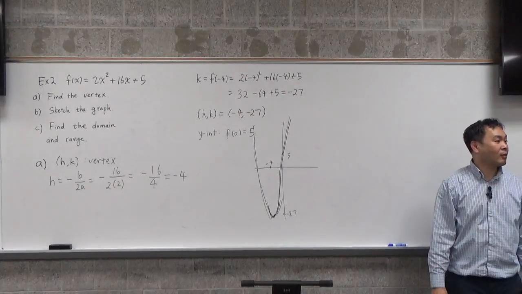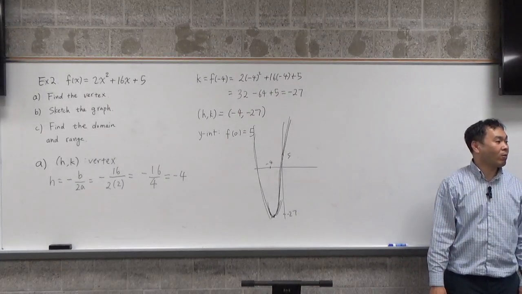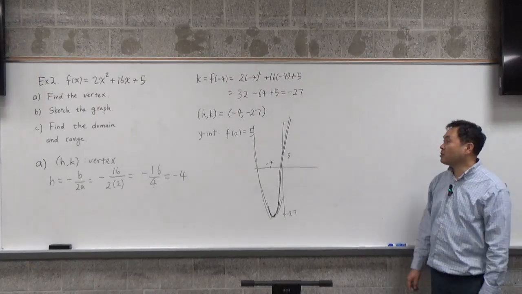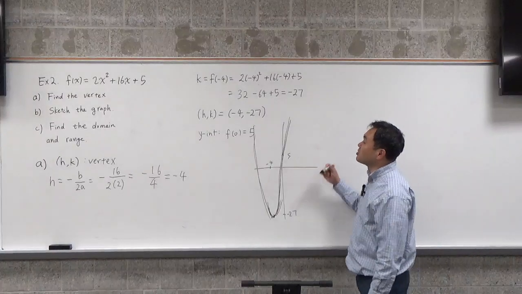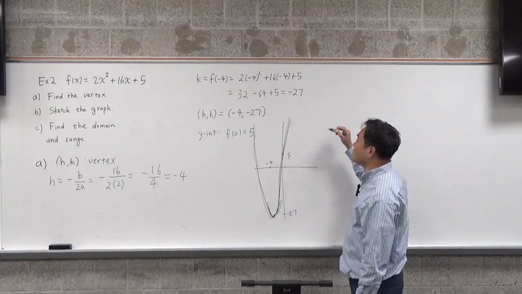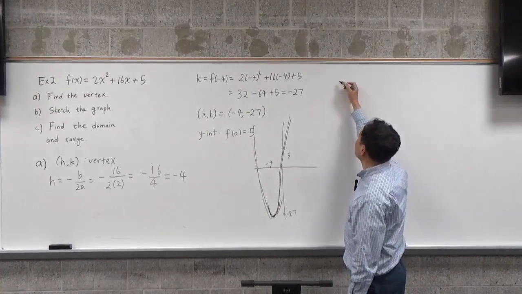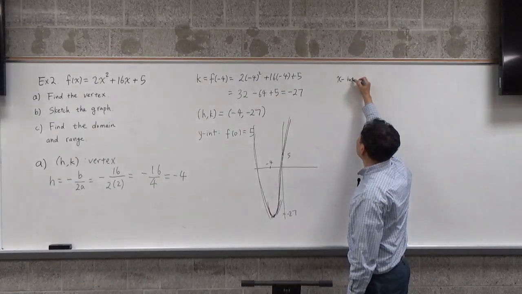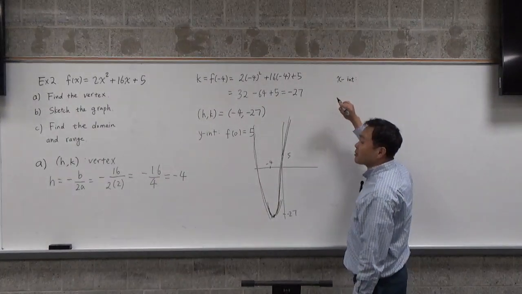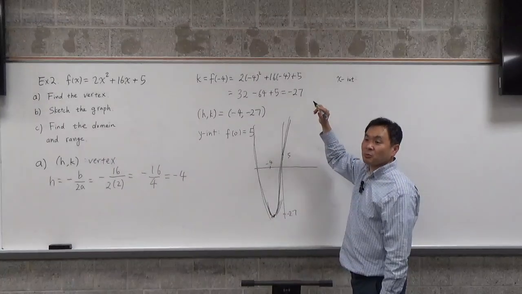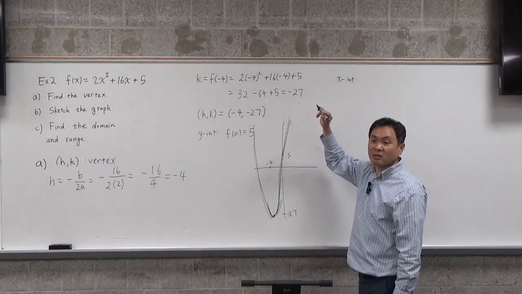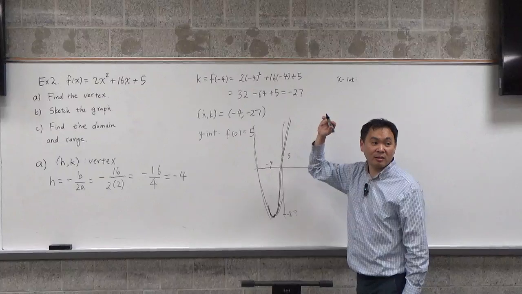Can I have a question? Yes. I know you don't need to solve for the x-intercepts, but if you wanted to know the x-intercept, how do you do it? Well, although the question didn't ask for it, for the x-intercept, set y as 0, right?